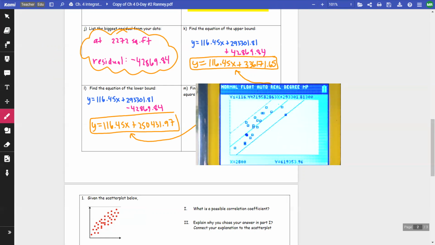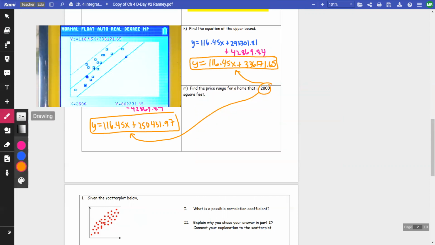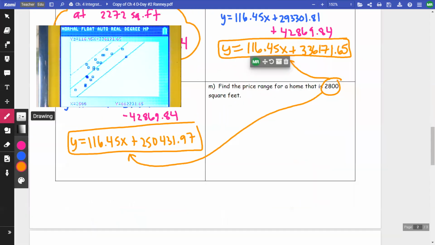If I arrow up or down, it's going to take me to a different one. So this is on my Y2. And you see that the max is going to be 662,231.65. So basically $662,000. That's going to be my upper range.